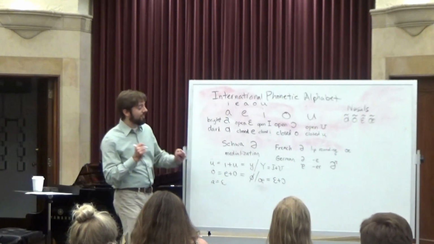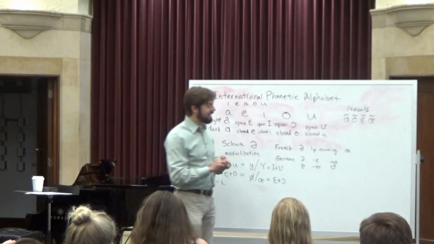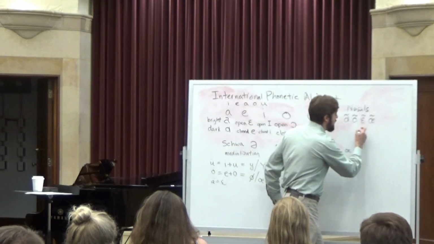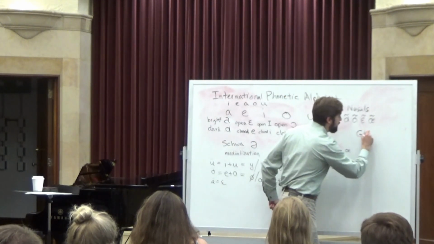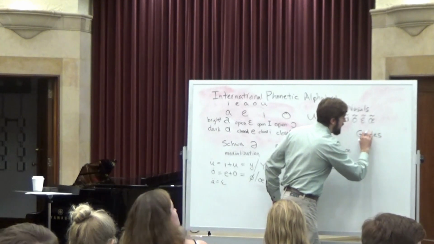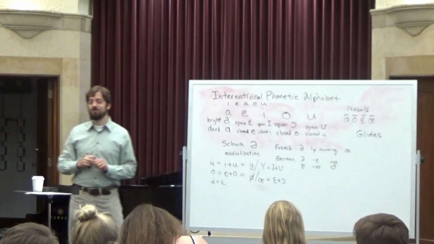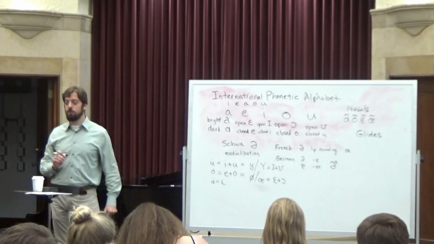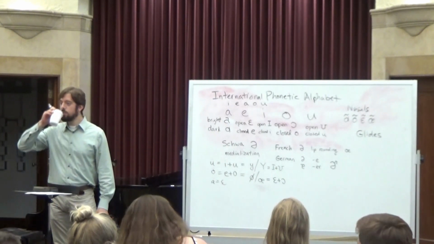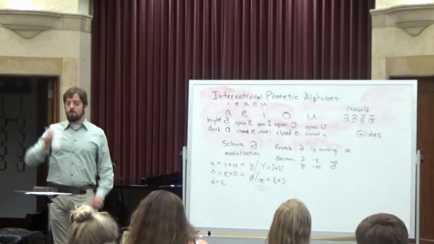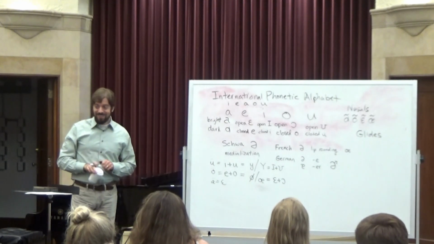Okay, and then the final category of vowel or vowel-like sound is the glides. What's a glide? Specifically an on glide. When we talk about glides, we're talking about on glides. Nobody?